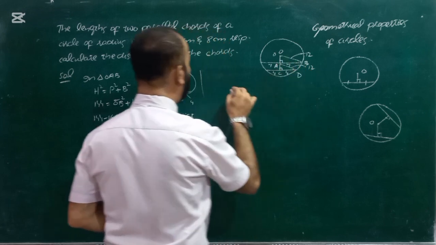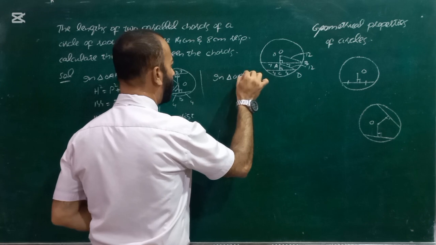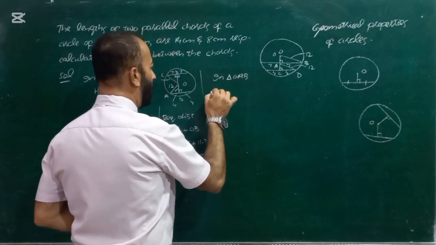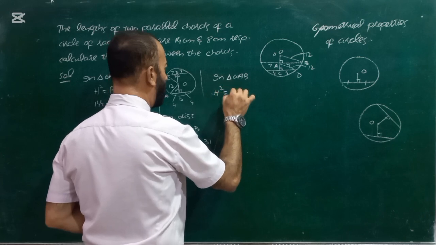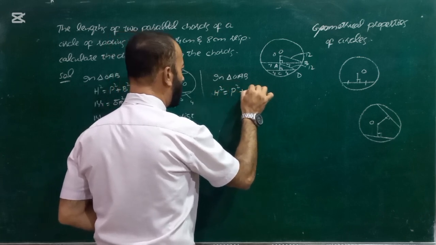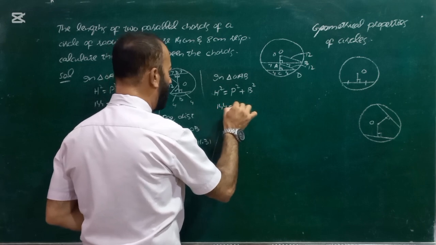So in triangle OAB, hypotenuse square, Pythagoras theorem is going to be applied. Hypotenuse square is equal to perpendicular square plus base square. Hypotenuse is 12, that will be 144.